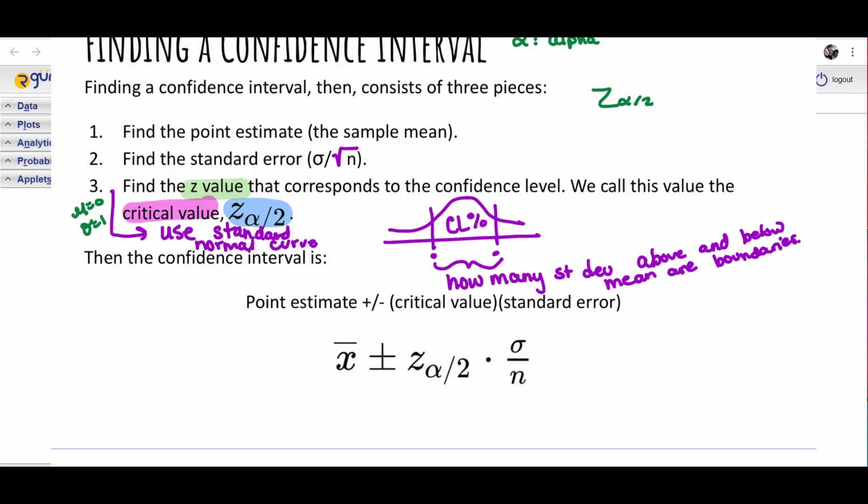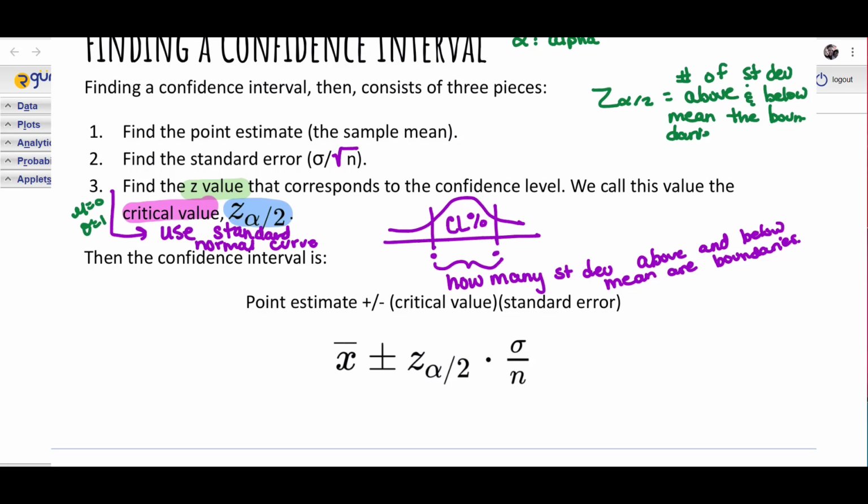Just look at it as a notation. And again, this is called a critical value. It is the number of standard deviations above and below the mean, the boundaries of the confidence level percentage are.